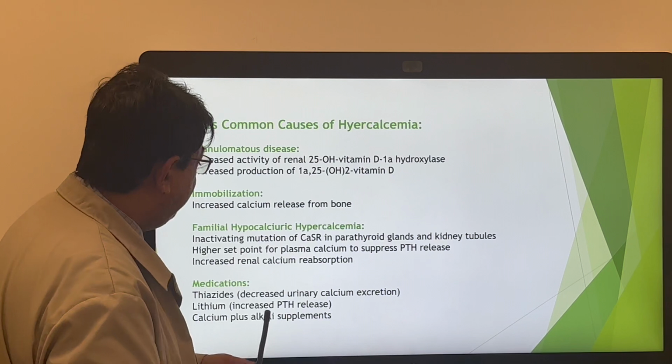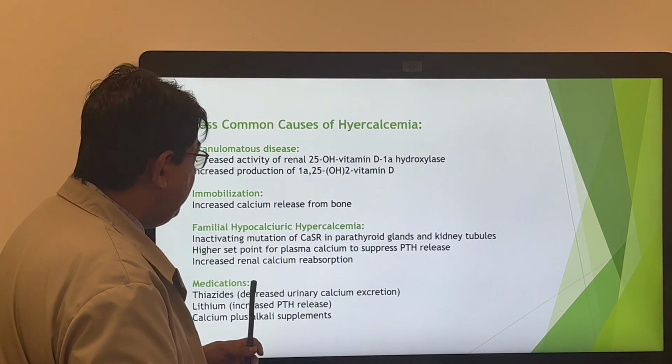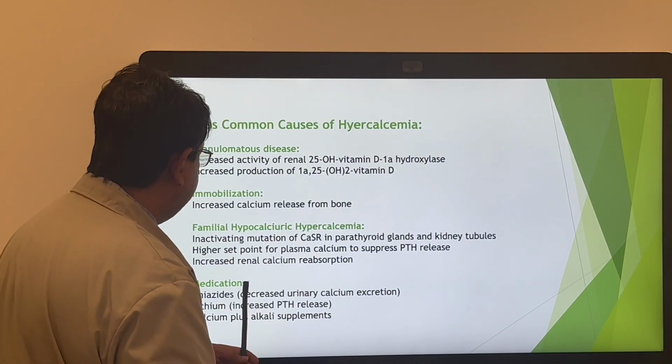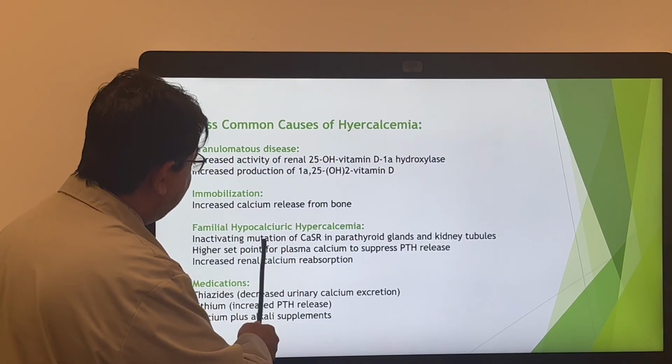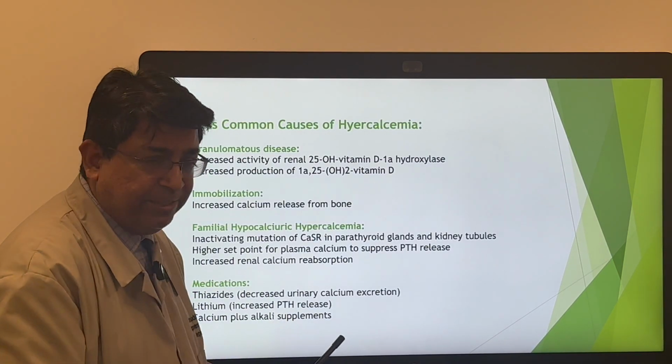Familial hypocalciuric hypercalcemia is an inactivating mutation of the calcium sensing receptor in the parathyroid glands and kidney tubules. And this is a higher set point for plasma calcium to suppress PTH release.